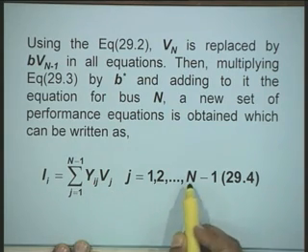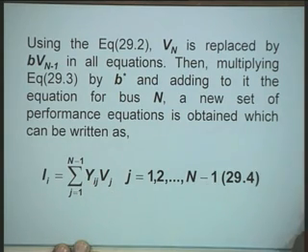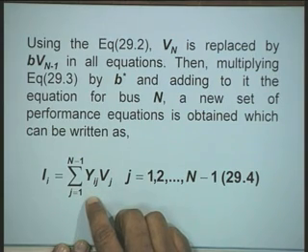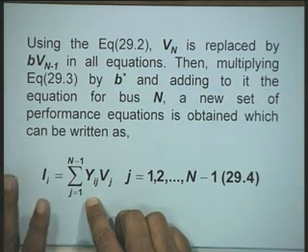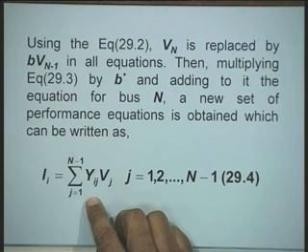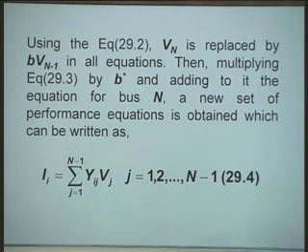Now, this Y bus matrix, the dimension of this Y bus is now n minus 1 into n minus 1, and its elements are modified with respect to the elements of the original. Okay. This is the first step, which is called the network reduction.